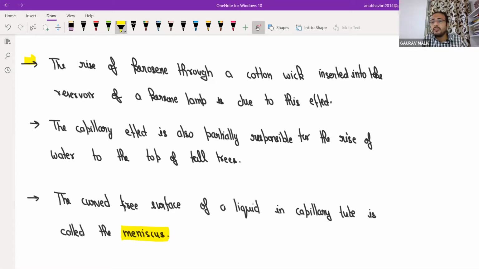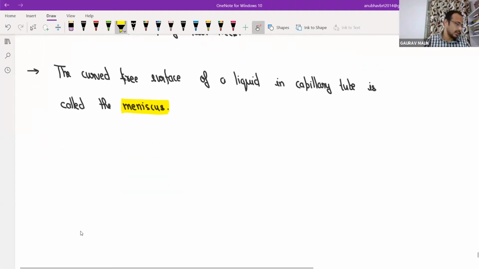It may be concave, convex, or flat also, because that will depend on the contact angle. Next point.